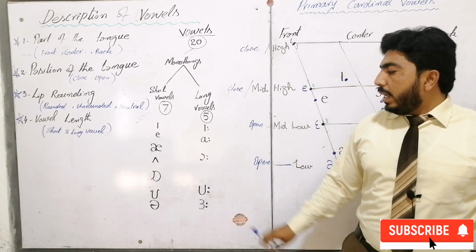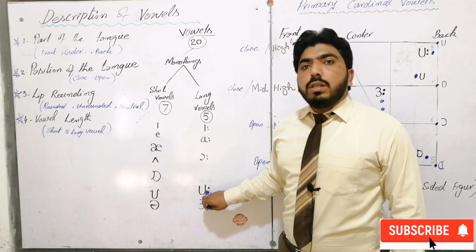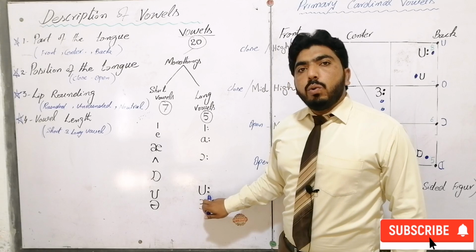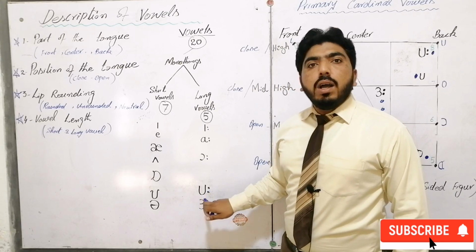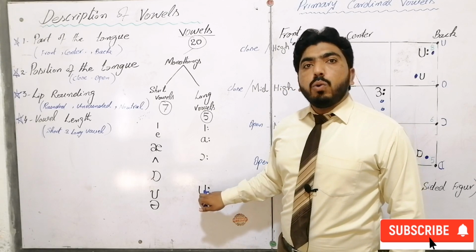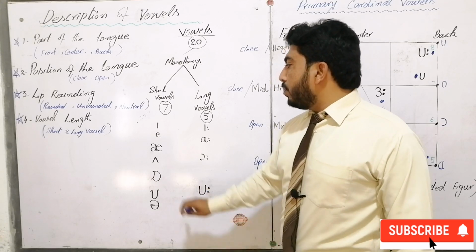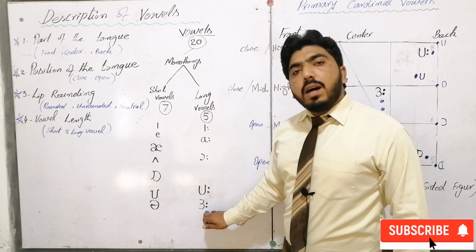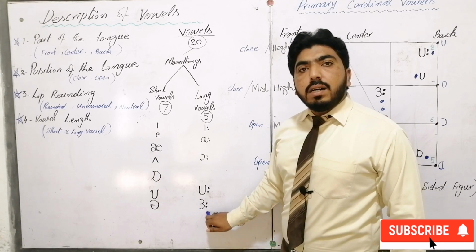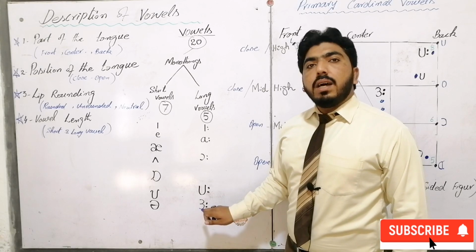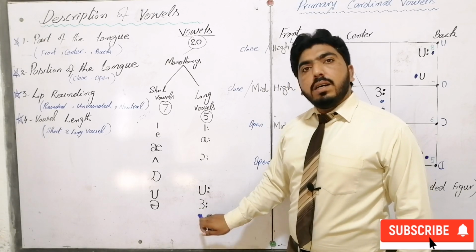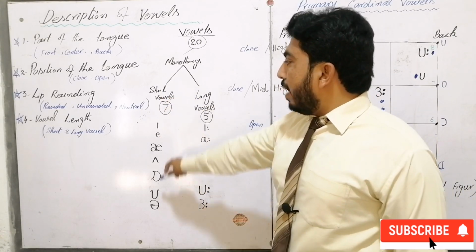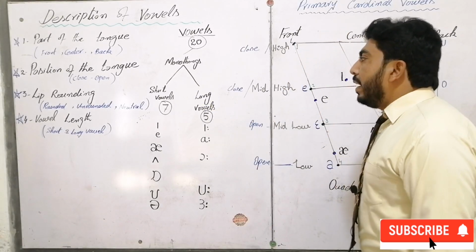And this one is /uː/, as in shoe, boot. And this one is /ɜː/, as in bird, burn. These are the basic sounds, 7 short sounds and 5 long sounds.